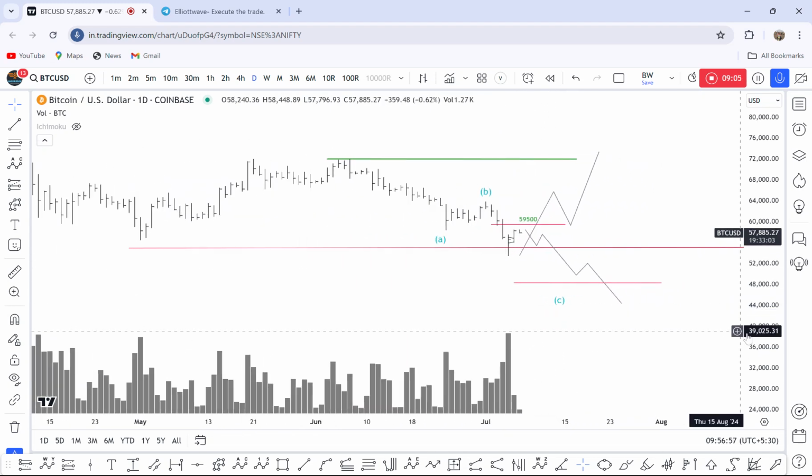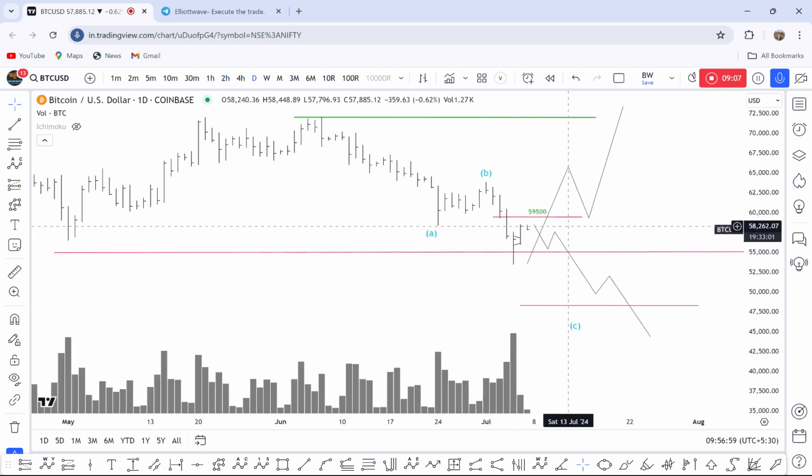If anyone wants to sell, they can sell with an SL of 59,500 for the target of 48,000. So this is a very attractive risk reward ratio.